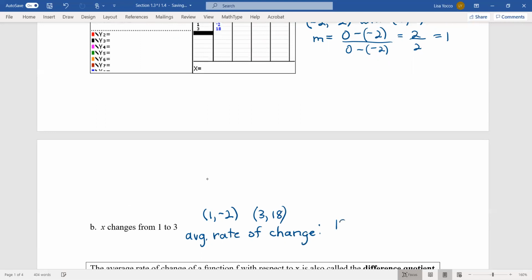So the second y minus the first y divided by second x minus the first x. So that's 18 plus 2, which is 20. 3 minus 1 is 2. And then 20 divided by 2 is 10. Okay.